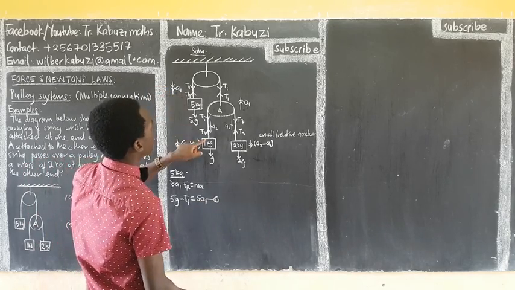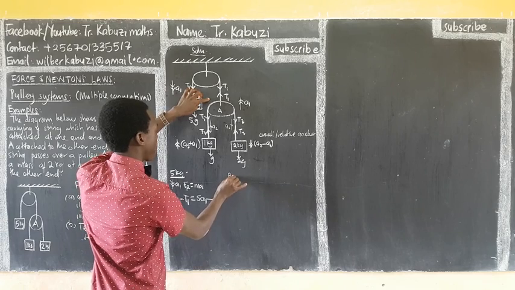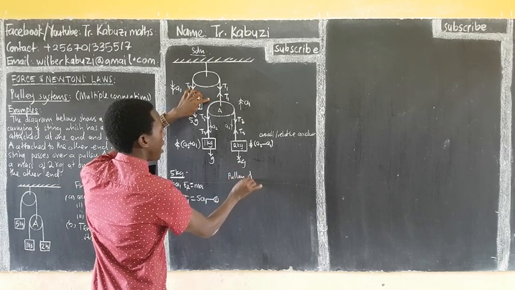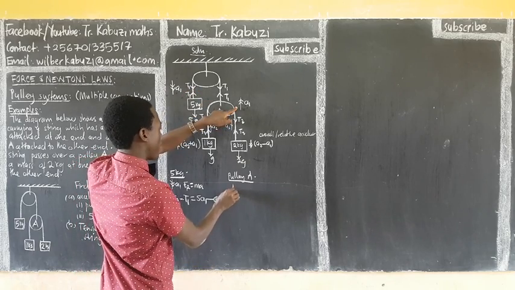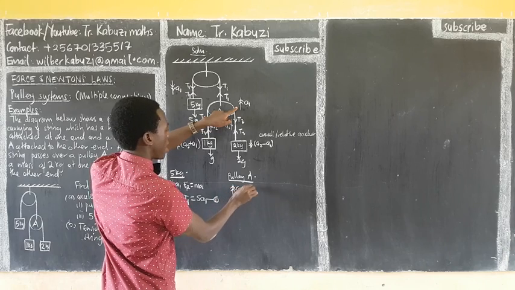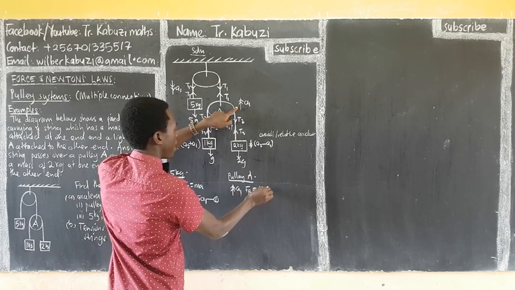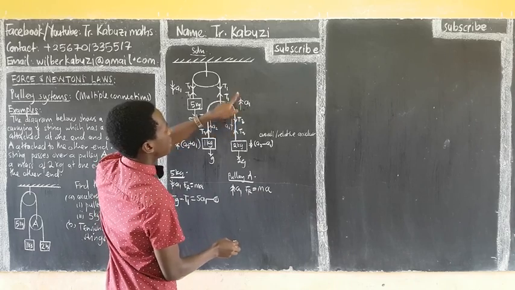When we come now to pulley A, you see that the direction of this pulley is in this order. So resultant force equals mass times acceleration.